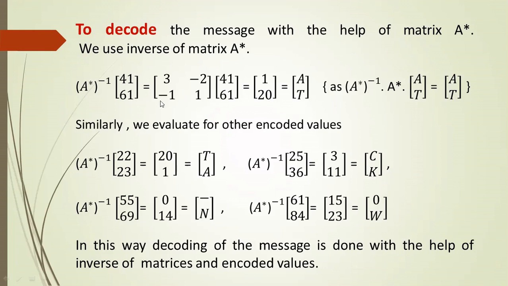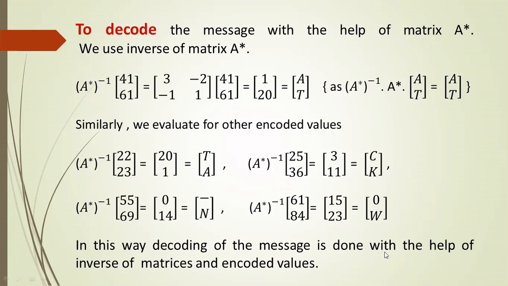You can see A* inverse times [41; 61] gives the original column vector [1; 20]. Similarly, we find the other encoded values. In this way, the decoding of the message is done with the help of the inverse matrix and the encoded values. You can see that we get our message back after the encoding.